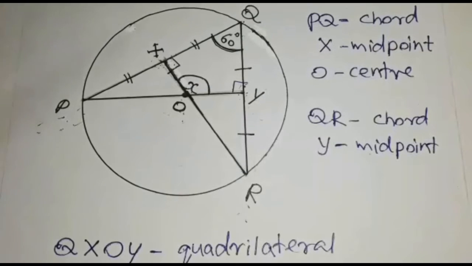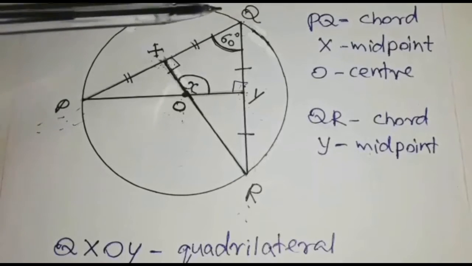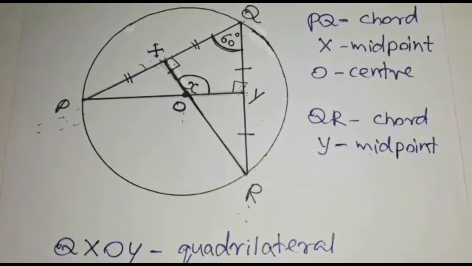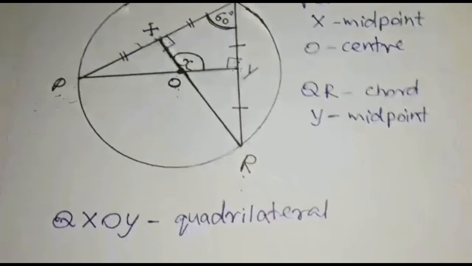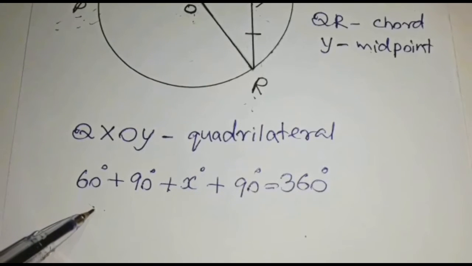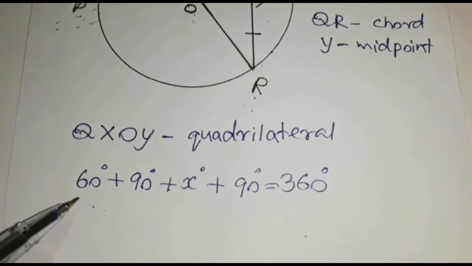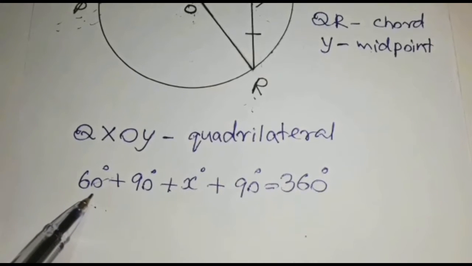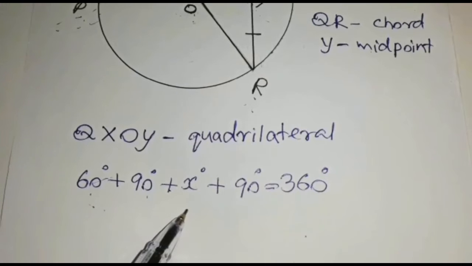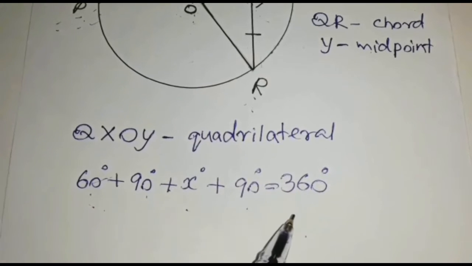Now we can see QXOY is a quadrilateral. The sum of the interior angles of a quadrilateral is 360. So we can write 60 degrees plus 90 degrees plus x plus 90 degrees equals 360.